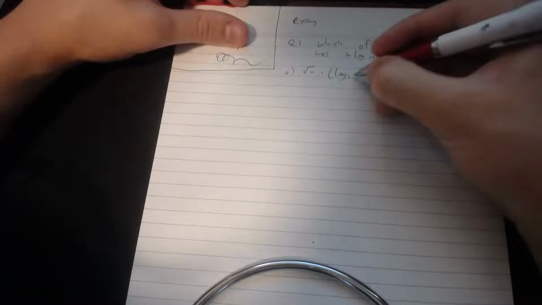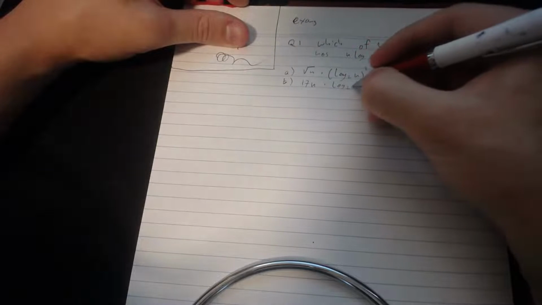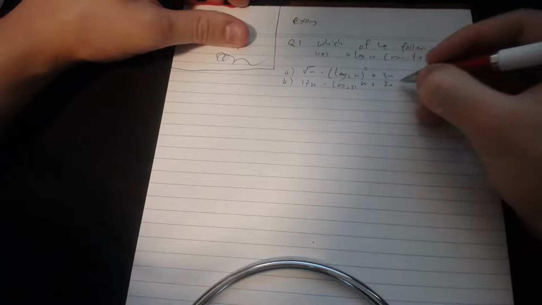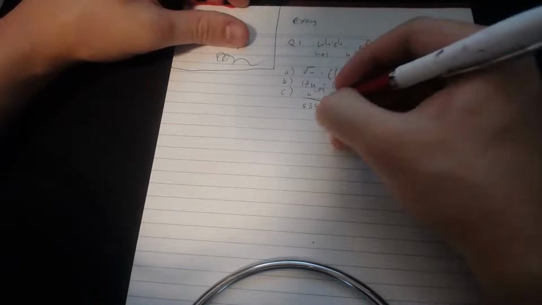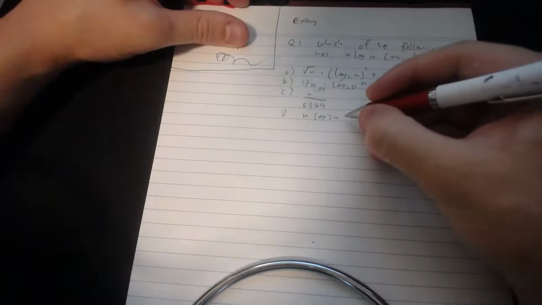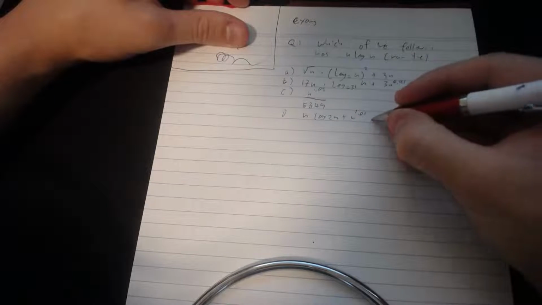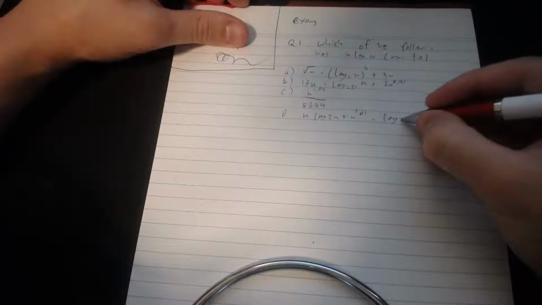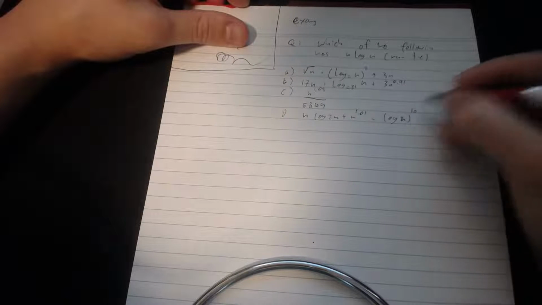Our options are A, root n log 2n squared plus 3n; B, 17n log 231n plus 3n^0.91; C, n^1.03 divided by 5349; and D, n log 2n plus n^1.01 times (log n)^10.